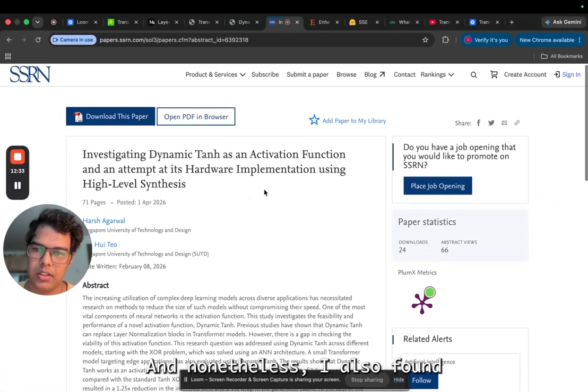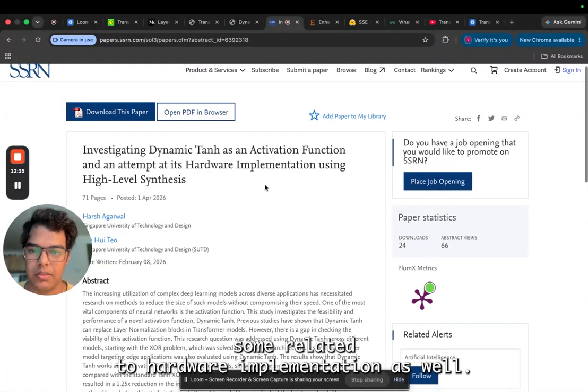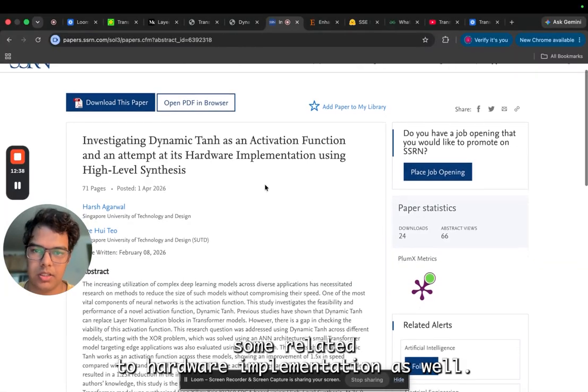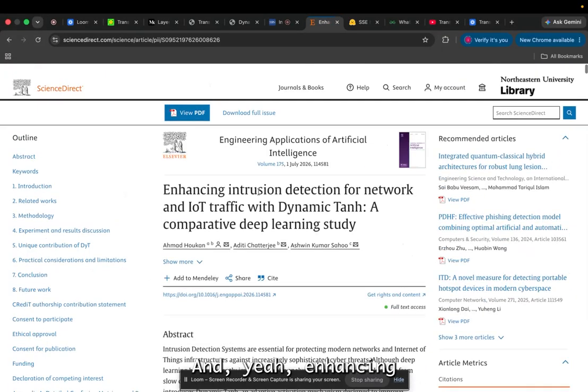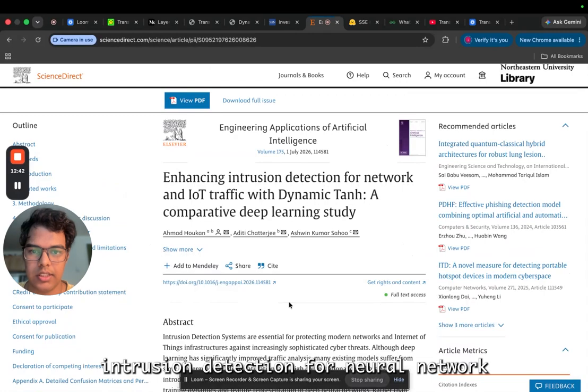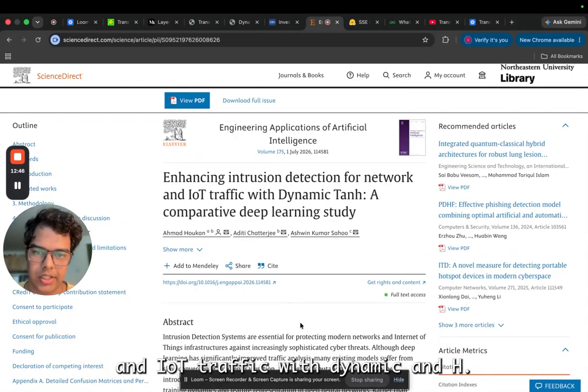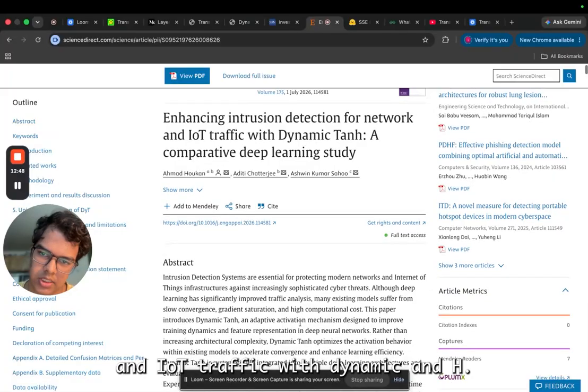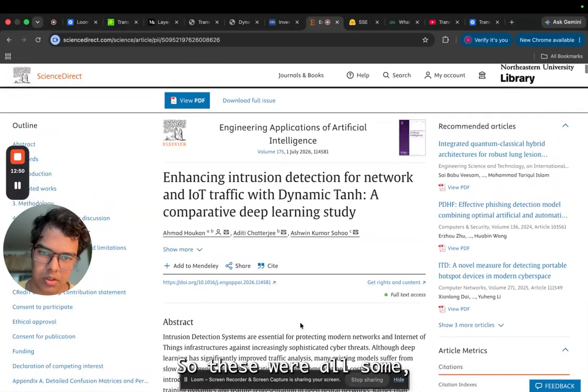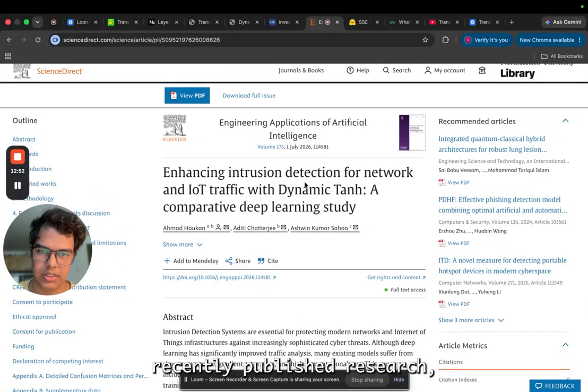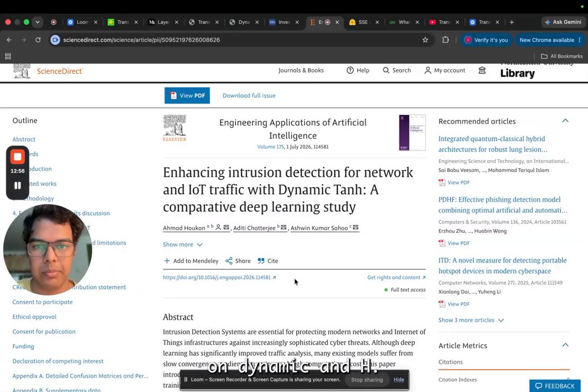I also found some related to hardware implementation, and enhancing intrusion detection for neural network and IoT traffic with dynamic tanh. These were all recently published research on dynamic tanh.